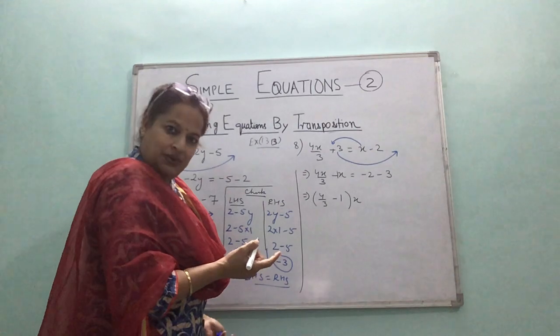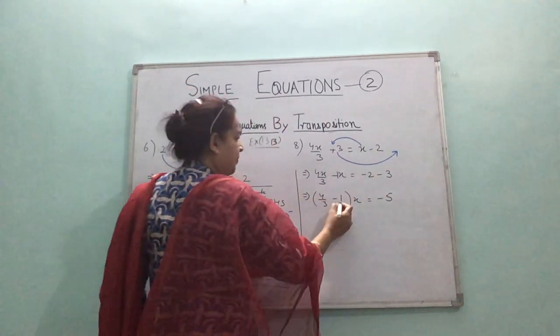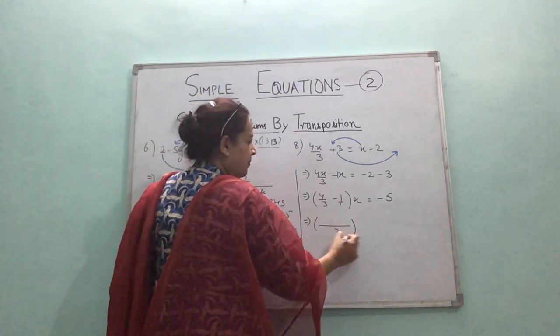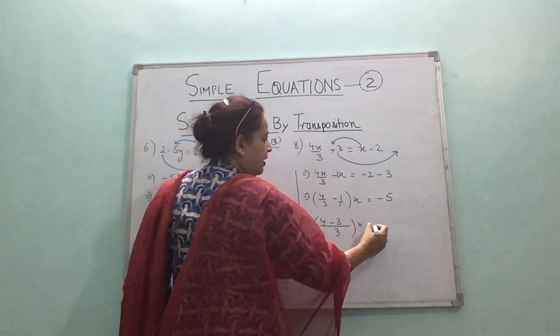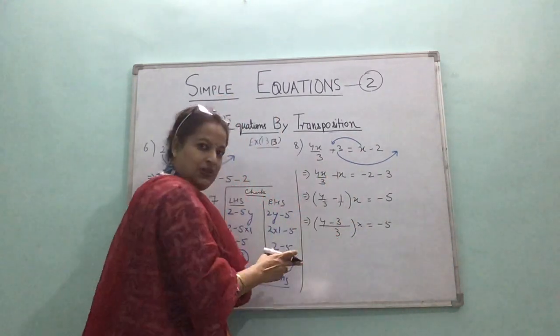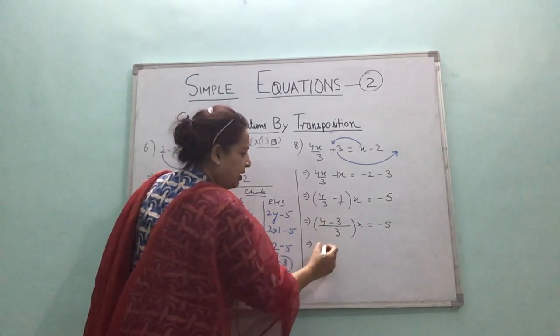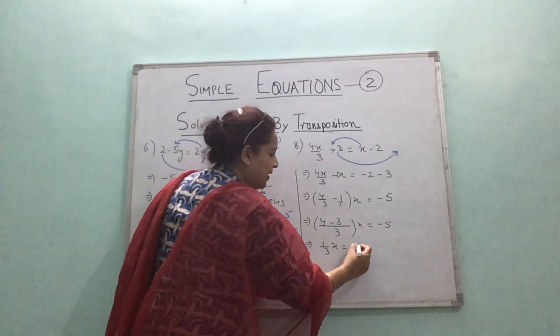It's easy for you to handle. And here it would be minus 5. So we have to take LCM. 1 goes 3 times, 3. Because it was a fraction, it would be easier this way. What you get now? 4 and 3 minus 3, 1 upon 3x is equal to minus 1.